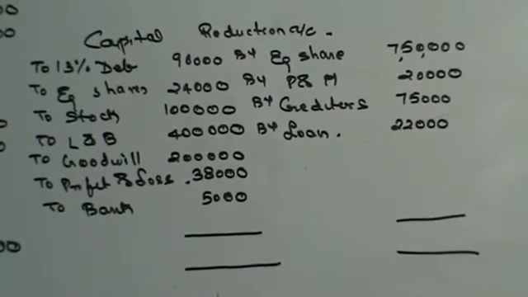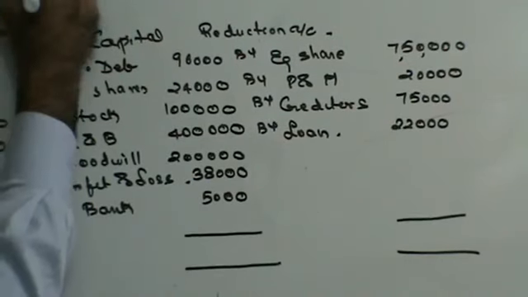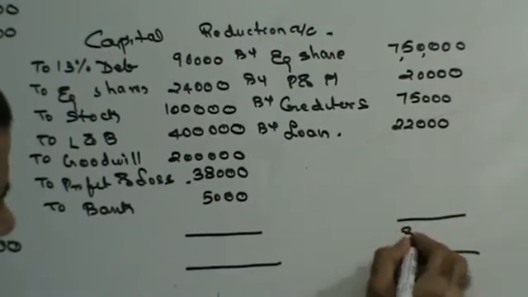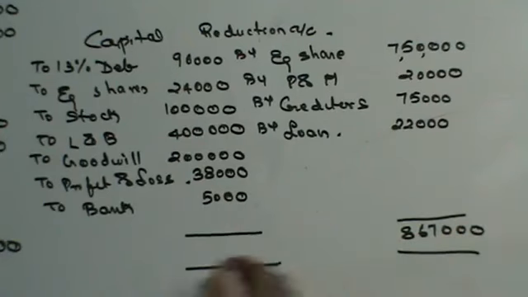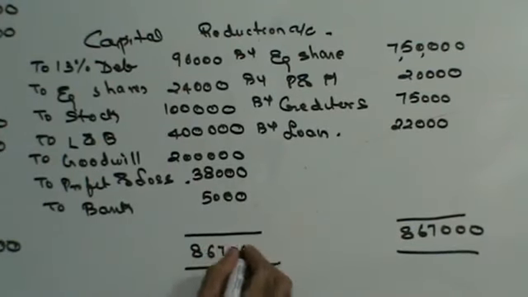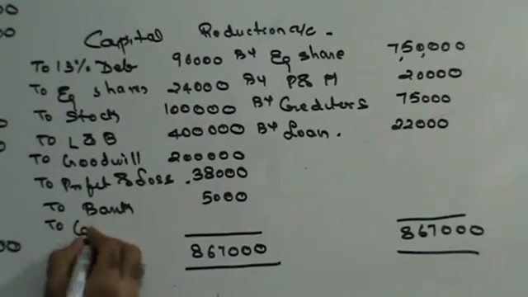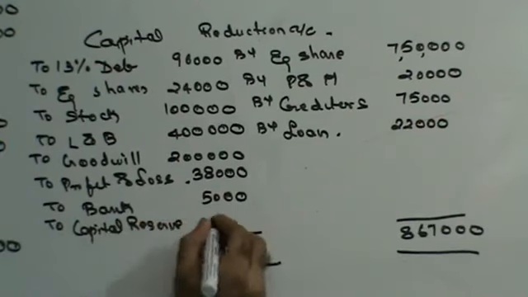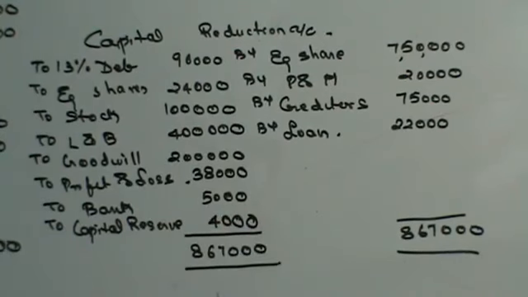Someone please help me tally this. Credit side is 8,60,000 more. Difference is 4,000. The difference is written as capital reserve, right?